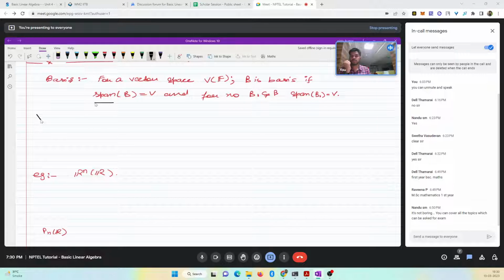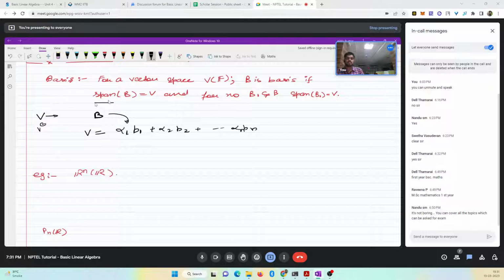Let's say you have a vector space V. You are looking for a set B so that you can write every vector of V as some linear combination of vectors from B. So you want to write every element of your vector space V as a linear combination of elements of B. That is, span of B should be equal to the complete V.